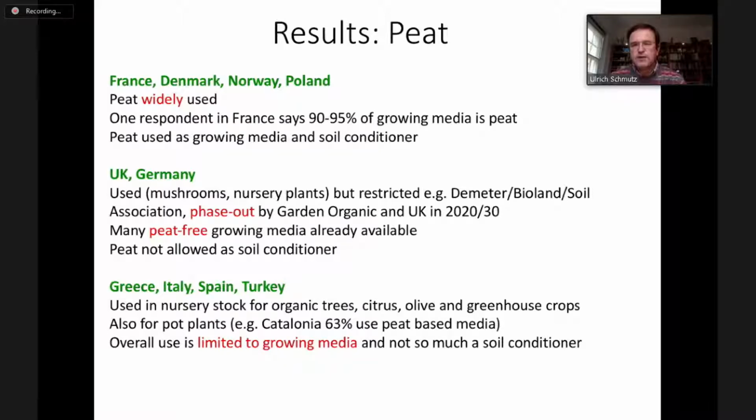Some big certification bodies like Demeter, the biodynamic organization, or Bioland, which I think is the largest organic producer-based organization with 9,000 farms to my knowledge, and the Soil Association and another organization in the UK have phased it out. And we've seen that peat is still used quite a lot in Greece, Italy, and Spain as a nursery stock for organic trees. So when you plant the little trees, that's still based in it.